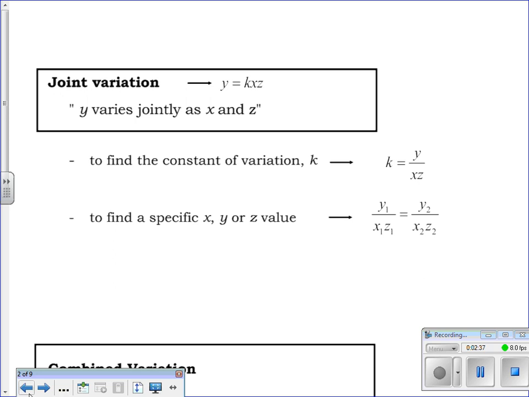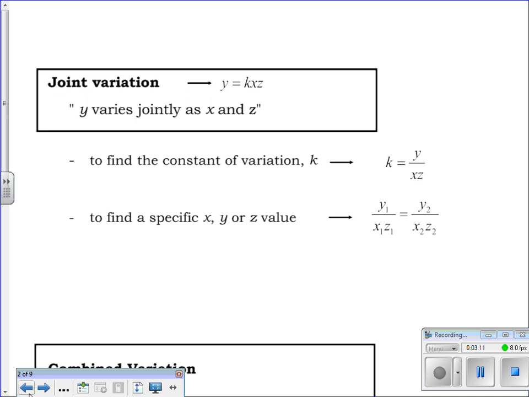So Y varies jointly as X and Z. Jointly is another way of saying directly, which means when you think direct, you need to think divide. So Y varies jointly as X and Z means I'm directly related to both X and Z.